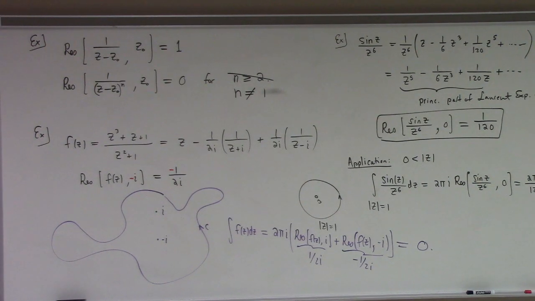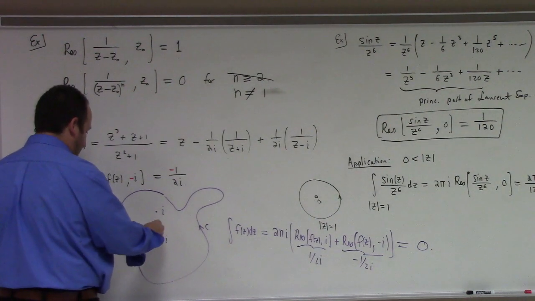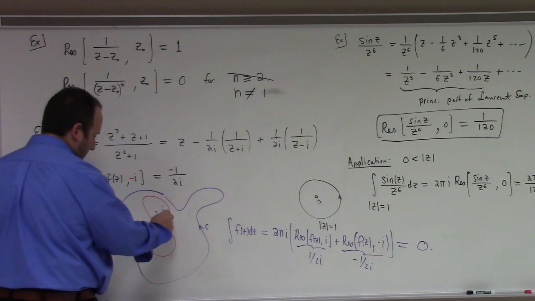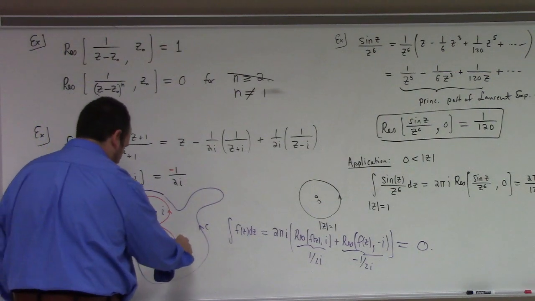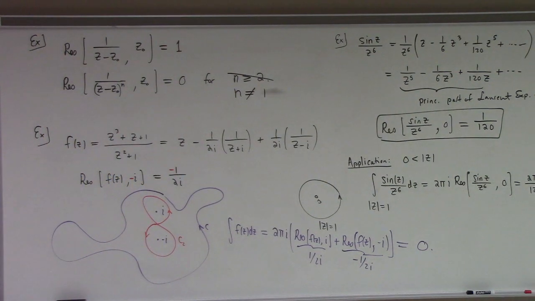On the other hand, if you wanted to get a non-trivial integral, or you wanted to confuse students, you could do stuff like this. How about C2? What's the integral around C2 of f of z dz?